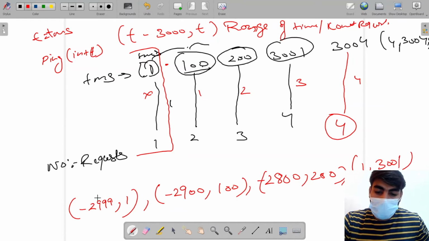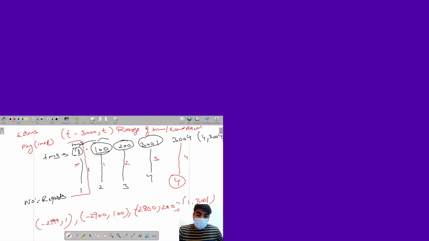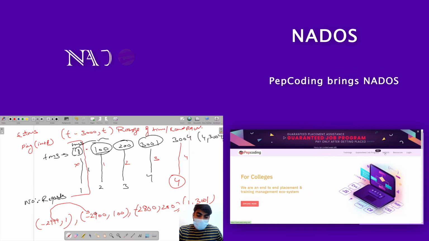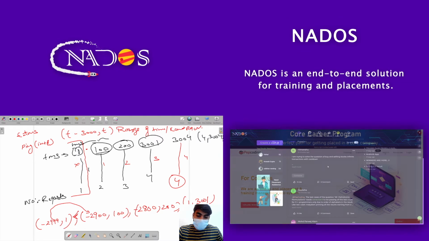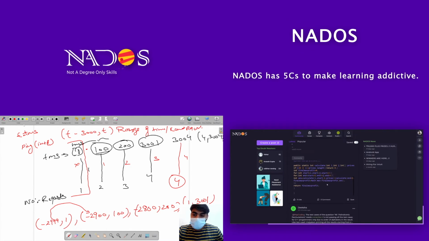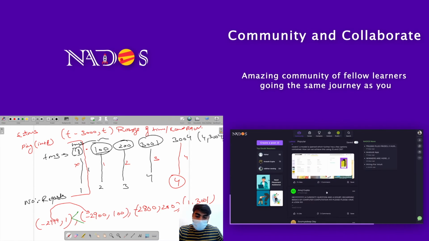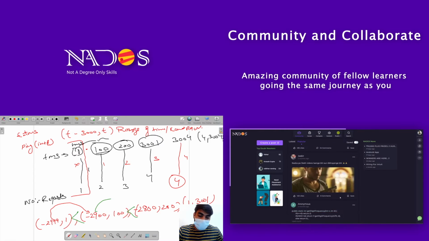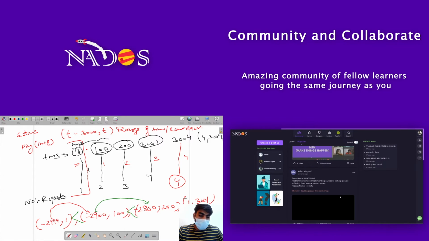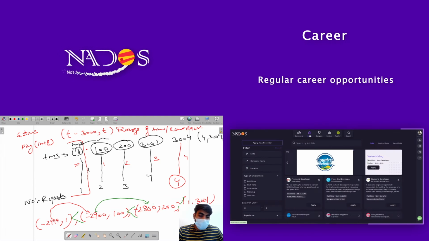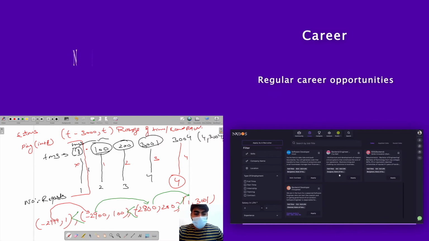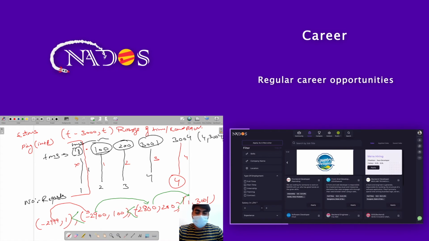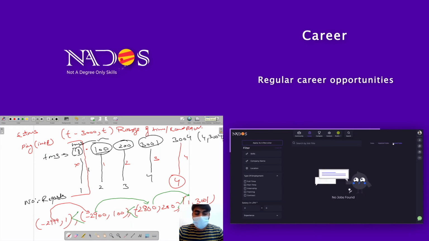You can see here the value is minus 299, but here the value is minus 2900, then minus 2999. So you can see this one is greater. When we move forward, minus 2800 is greater than minus 2900. Here you can see 1 is greater than minus 200. Okay, now I hope you understand the meaning of these lines and what we have to do in our question.